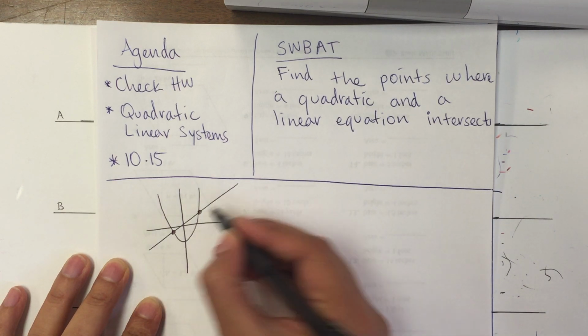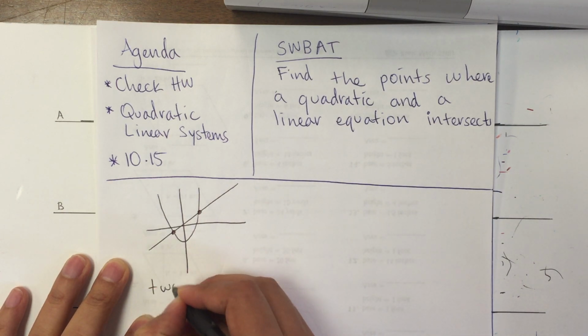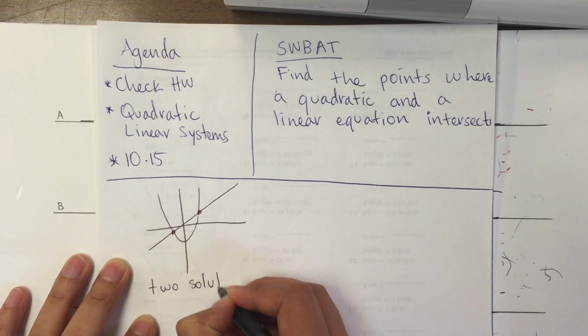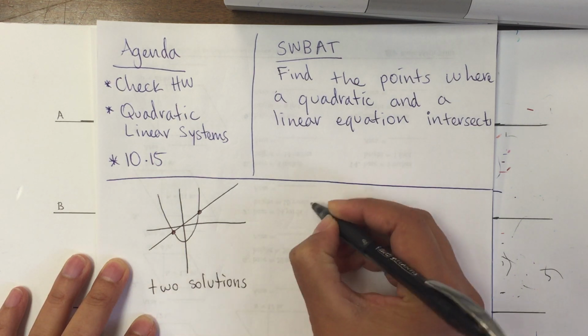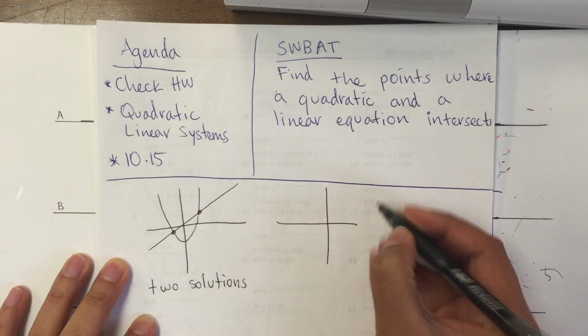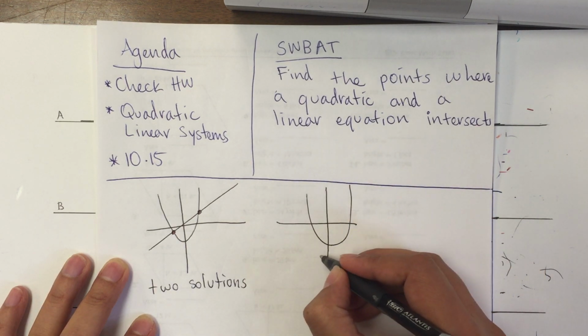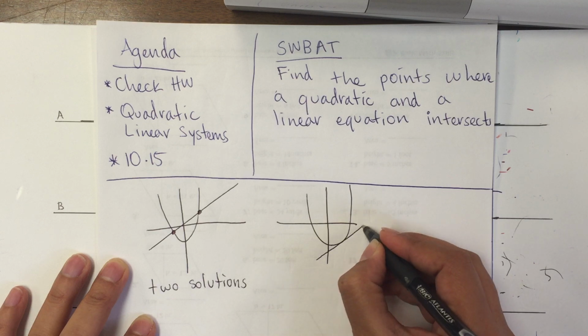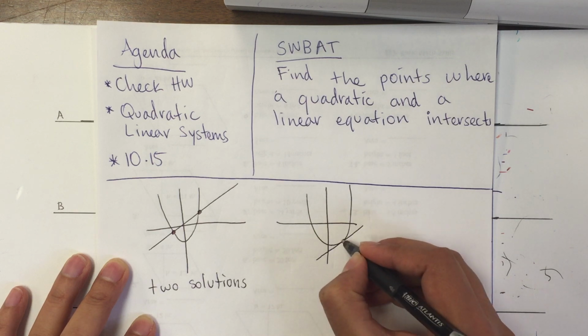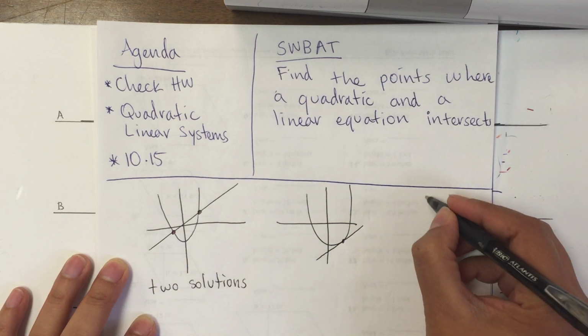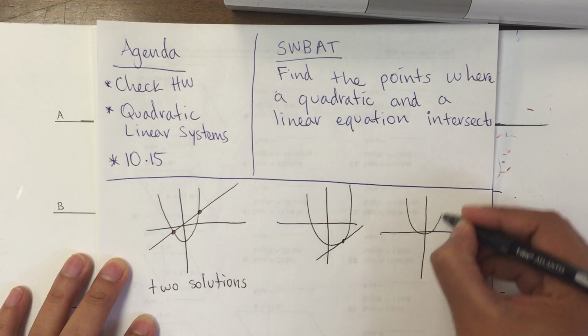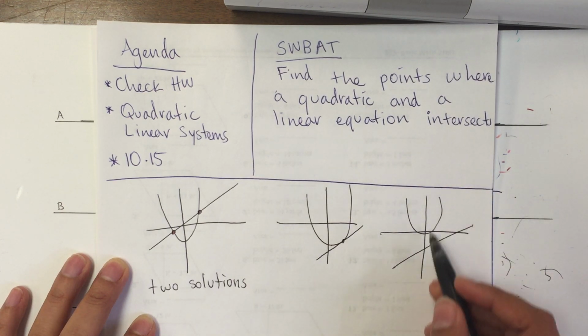Sometimes you're going to have 2 solutions. Sometimes you're going to have one solution where they meet only once, and sometimes you will have no solution.